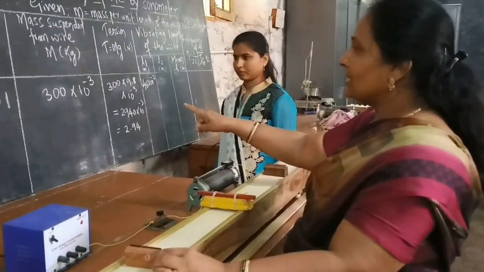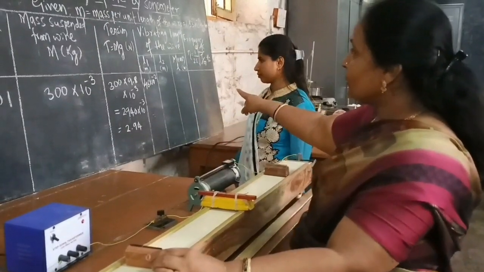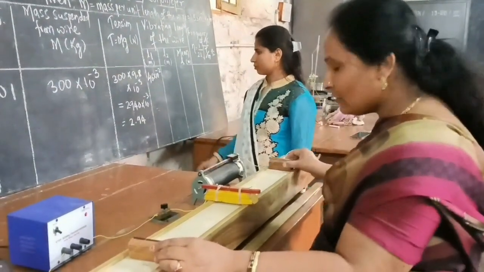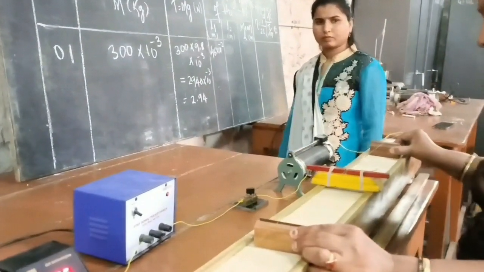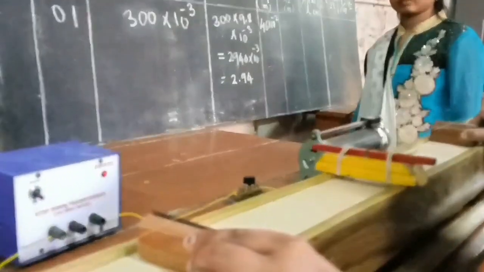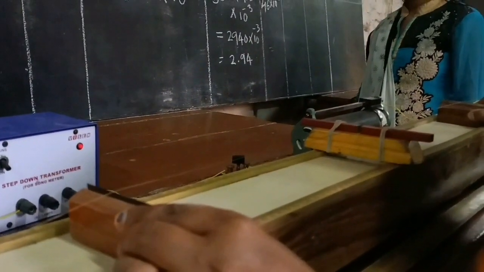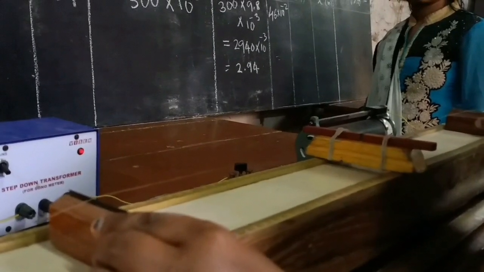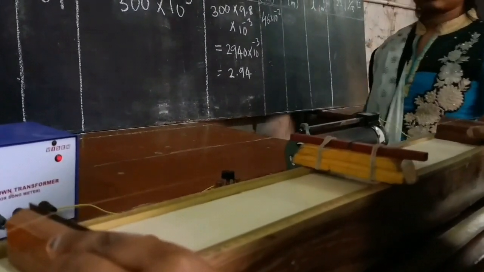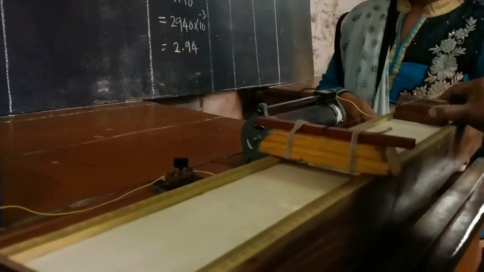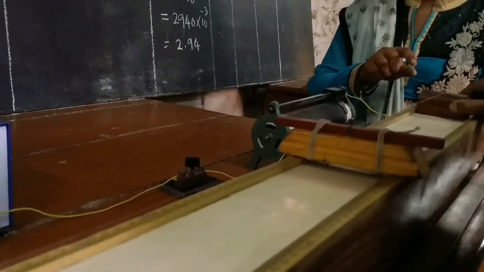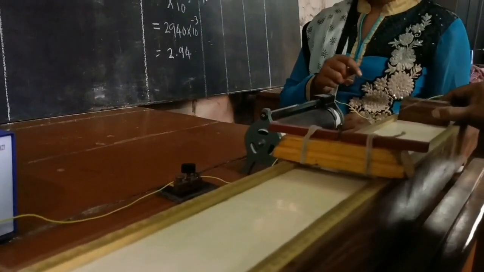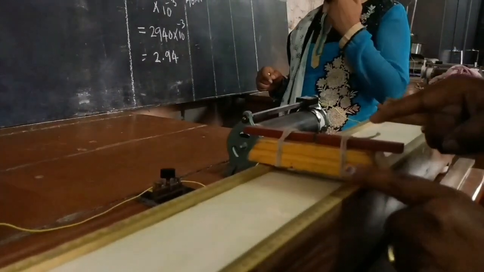For the same mass of 300 gram, we have to find L2 as the vibrating length. So again I will move these two bridges. See here, it starts vibrating with the maximum amplitude.